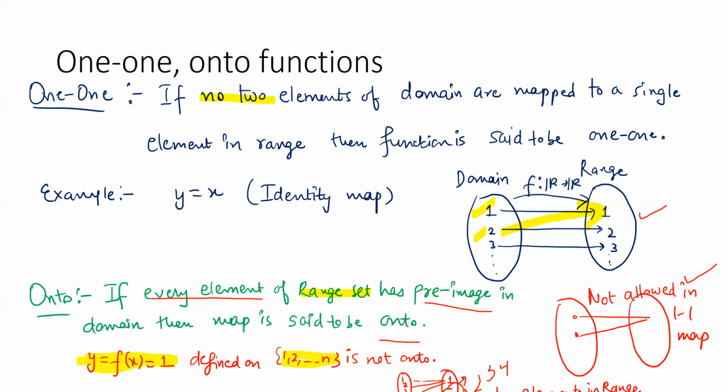So this is a conceptual meaning of one-one and onto. And then there are mathematical ways actually of checking. How do you check whether a given function is one-one or a given function is onto? So right now I'm not going into details of that. So just by applying the definition and verifying, you can say which function is one-one and which is onto.